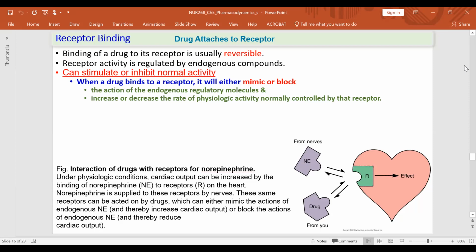Now, binding of a drug to its receptor is usually reversible, and the drug can stimulate or inhibit normal activity. When the drug binds to a receptor, it will either mimic or block the action of the endogenous regulatory molecules and increase or decrease the rate of physiologic activity normally controlled by that receptor.